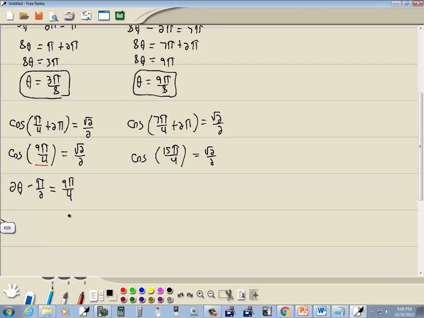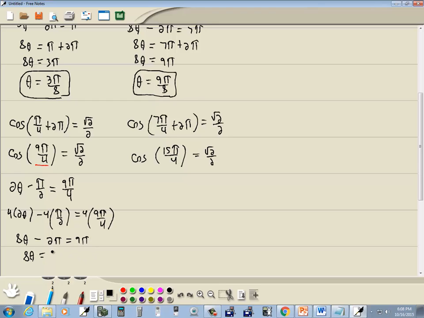Okay, we're going to multiply everything by the LCM of all our denominators, so multiply by 4. So 4 times 2 theta minus 4 times pi over 2 is equal to 4 times 9 pi over 4. 4 times 2 is 8 theta, minus 4 divided by 2 is 2, so that's 2 pi, equals, those 4's cancel, and we got 9 pi.